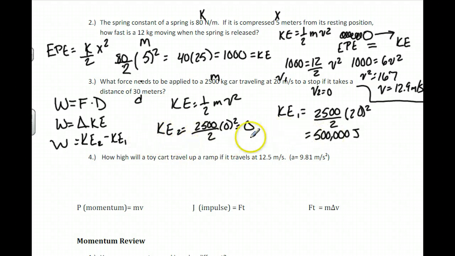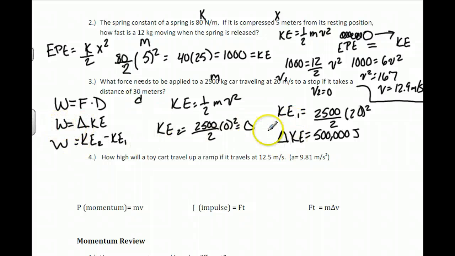And what that means is that my change in kinetic energy is 500,000, because 500,000 minus 0 or 0 minus 500,000 is going to give you 500,000, just positive or negative, which is just indicating whether or not we've used up or we're gaining. And this is actually being converted to heat as the car stops. So we know that delta KE equals 500,000, and so I'm going to plug that in here.